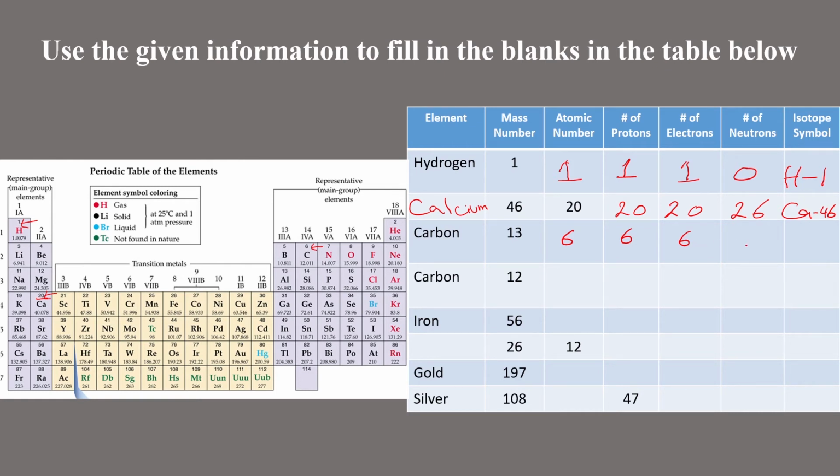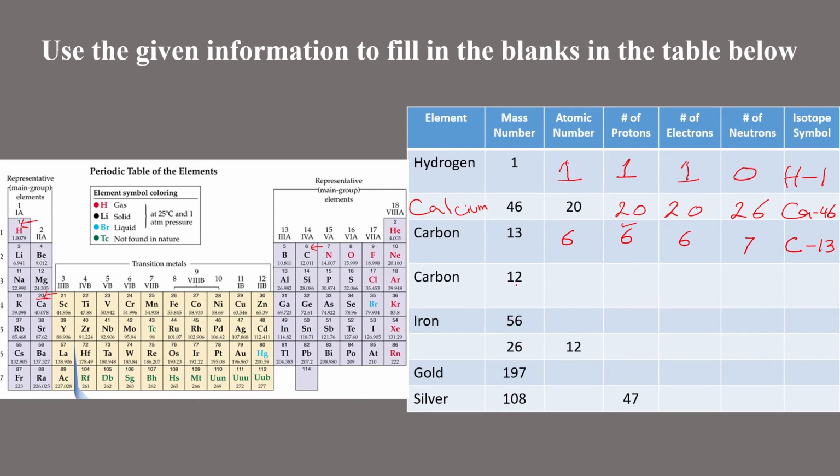Number of neutrons will be mass number minus number of protons. Okay, so when you subtract these two, you have 7 neutrons. And how do we write this symbol? We write carbon 13 like this.